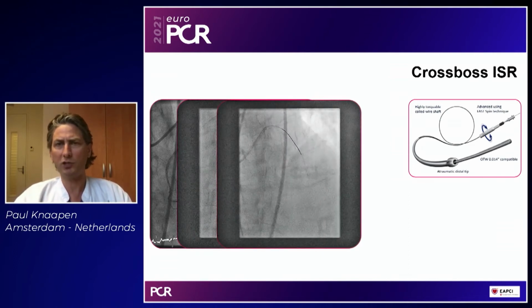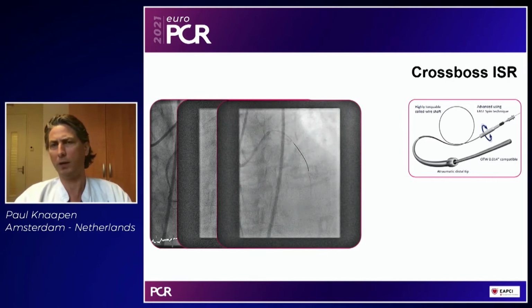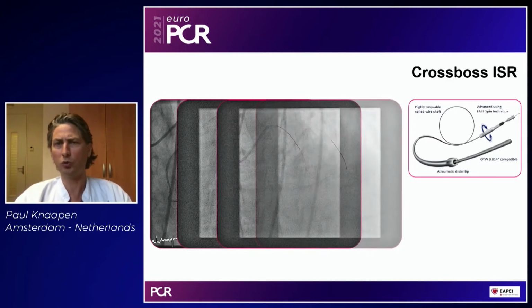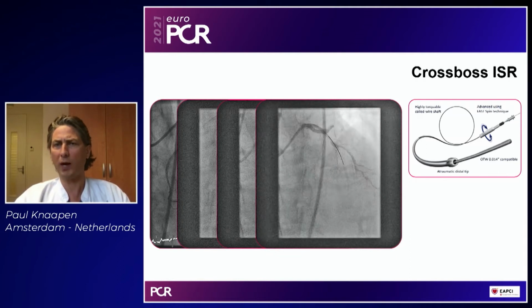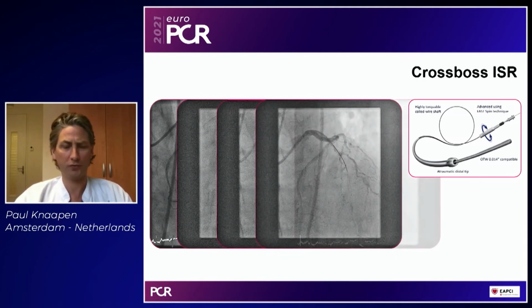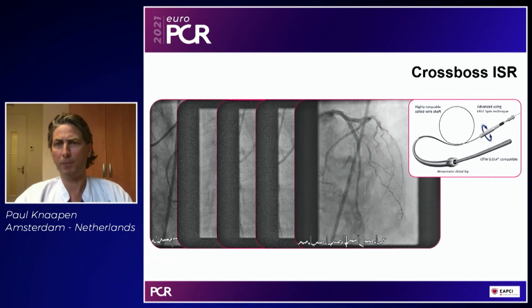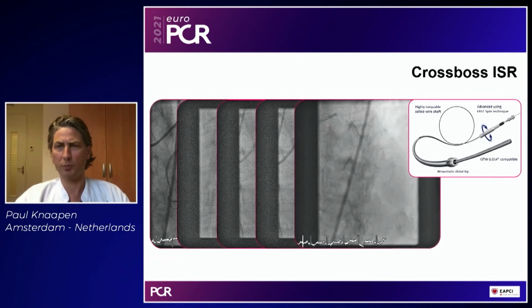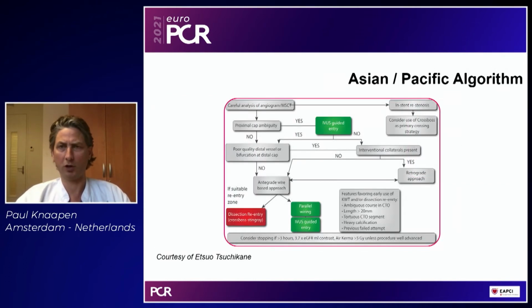In this case, you can see that the Crossbar pops through the in-stent occlusion, which tends to stay within the struts, easily navigating you to stay within the true lumen. So not always are wires needed to solve a case. And in this case, a Crossbar is good for in-stent occlusion.